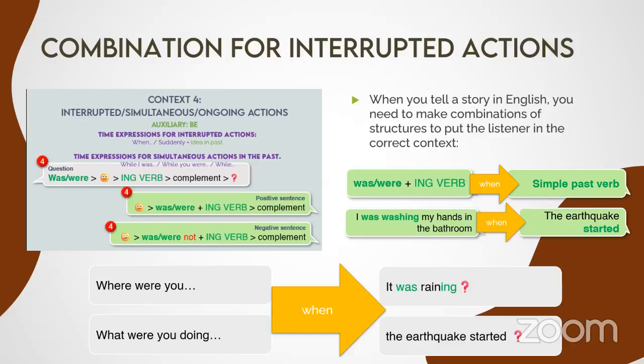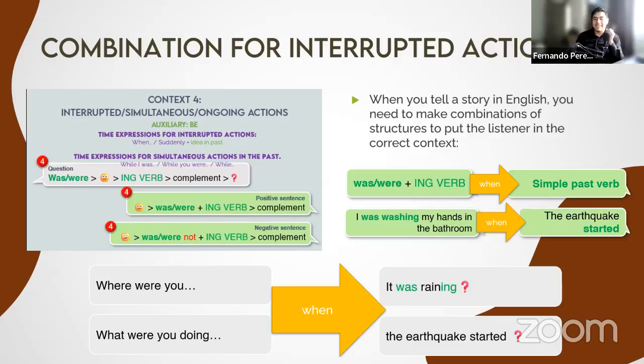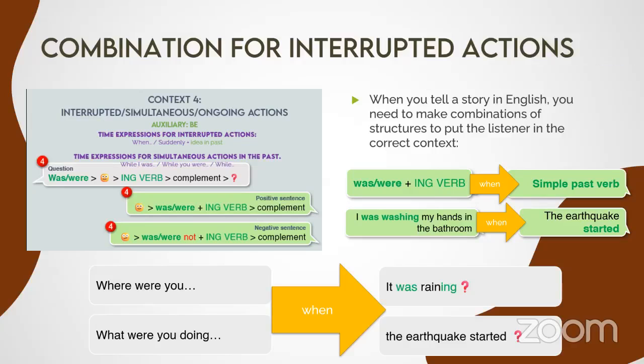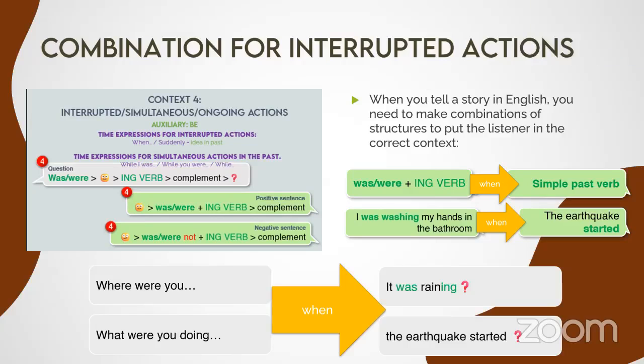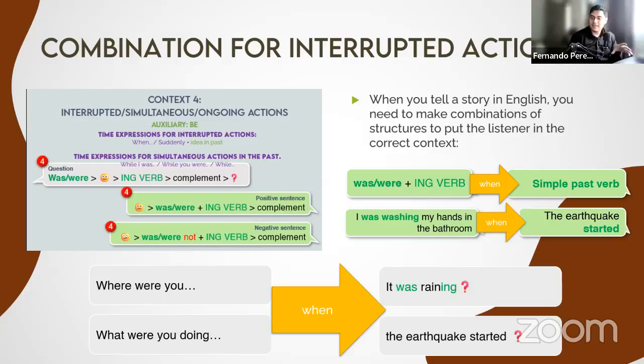She was told me. Wrong. What was she doing? Find the action. In what room was she? She was staying in the room.